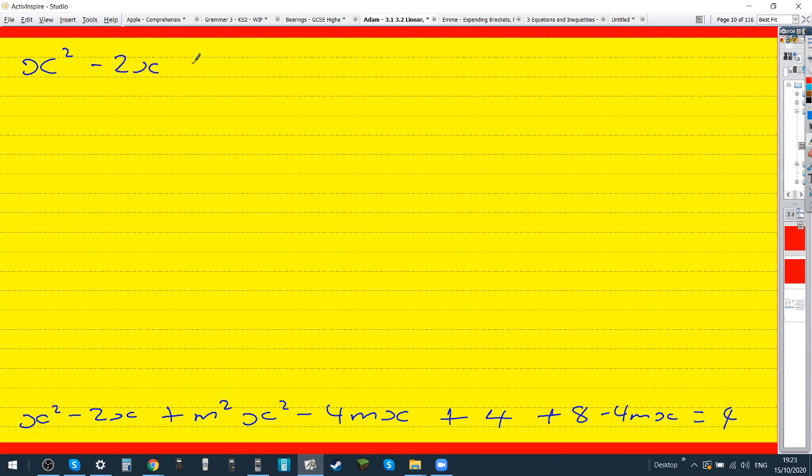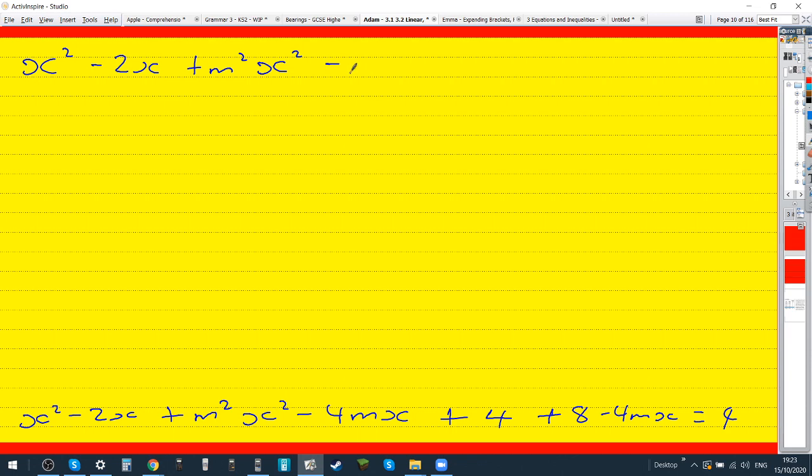Then you do 4 plus 8, so it'd be x squared minus 2x plus m squared x squared minus 8mx plus 12 equals 4. And then could you do x squared and m squared x squared? Are they the same number?